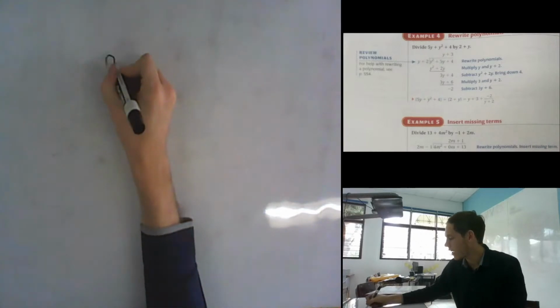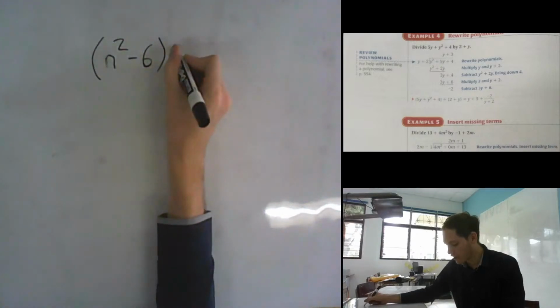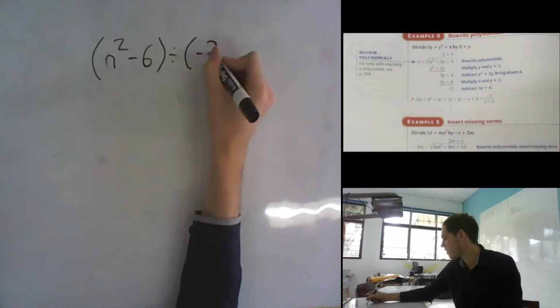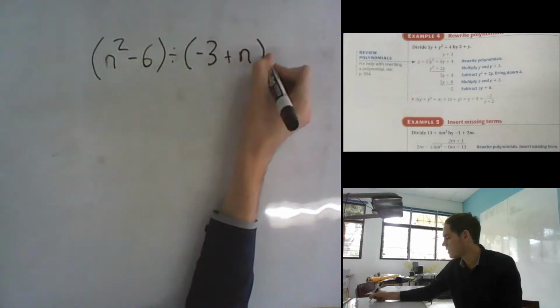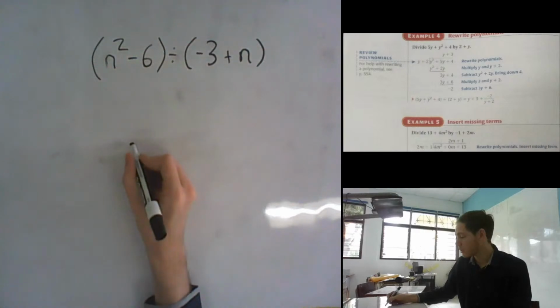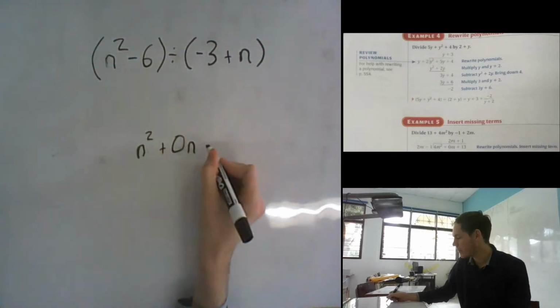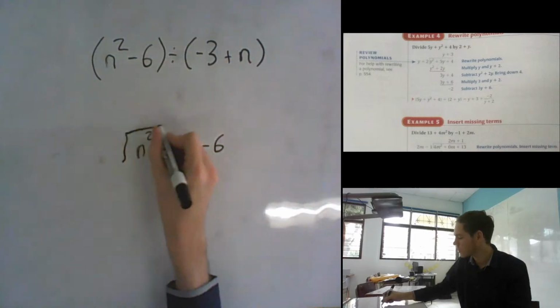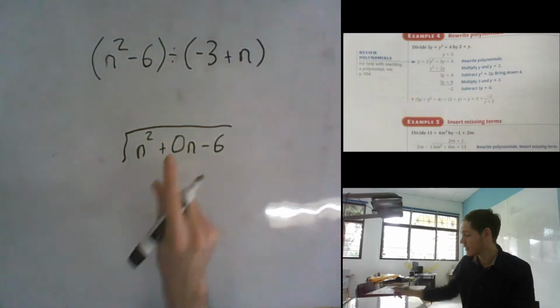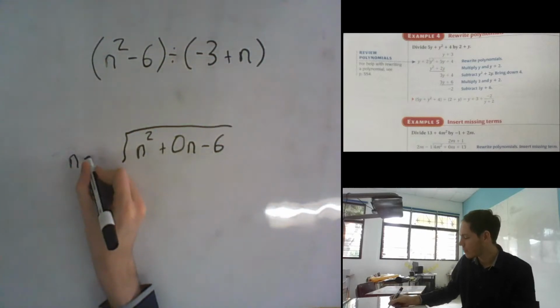So we're going to have n squared minus 6 divided by negative 3 plus n. Now remember, this does not have an n term. So we get n squared plus 0n minus 6. Now, do we have to do this every time? Yes. We rewrite the divisor as n minus 3.